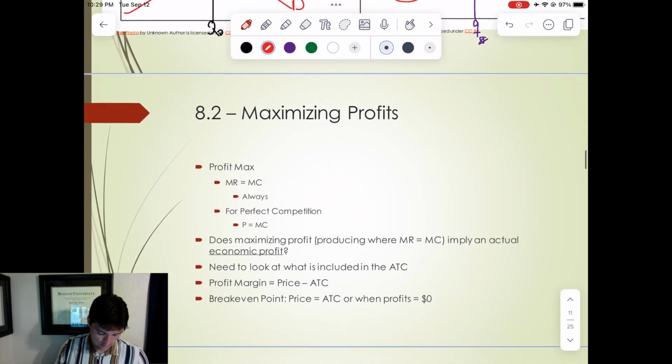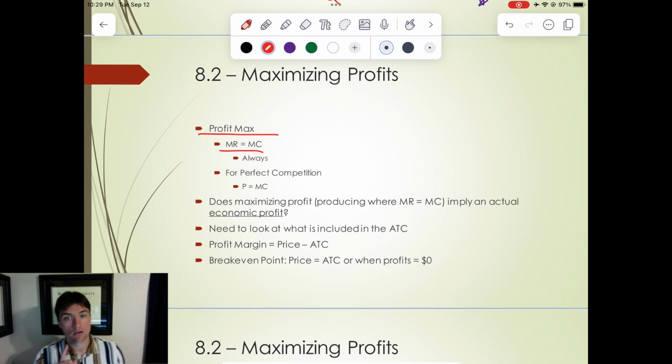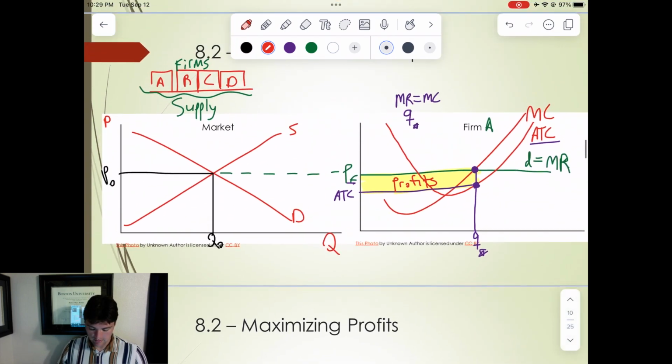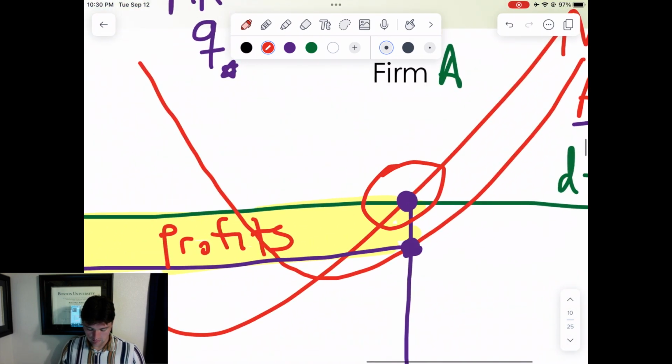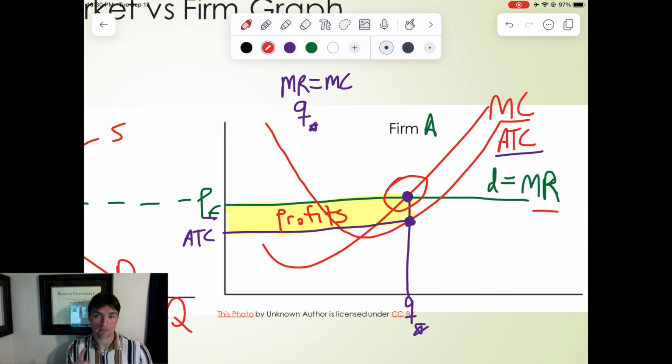Now, remember, when we're trying to maximize profits, we do marginal revenue equals marginal cost. Always. Always maximize profits, marginal revenue equals marginal cost. And that happens right here, where the marginal revenue is equal to the marginal cost. You're going to get sick of hearing that from me, but that's what profit max is. Marginal revenue equals marginal cost.